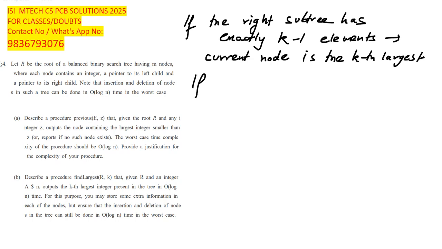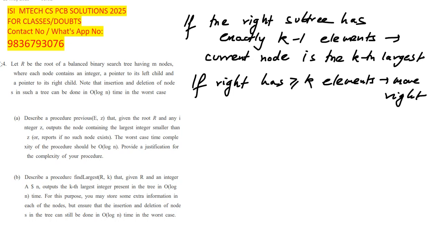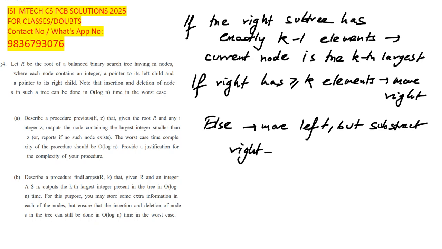Okay, and if right has more, then what happens? We move right. Okay, and else we move left, but we subtract right_size plus 1 from k. We have skipped those many larger elements.